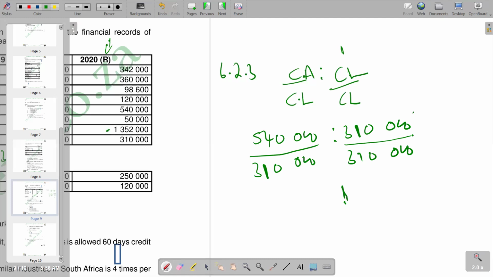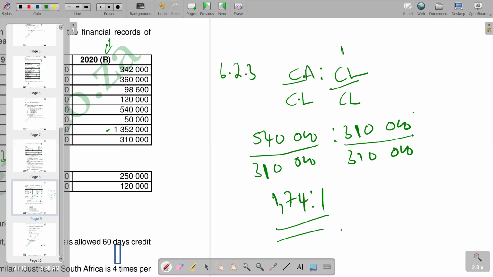So if you say 310,000 into 540,000, the figure that we get to two decimal places is 1.74. Then 310,000 into 310,000, we get 1. So this is going to be your current ratio.